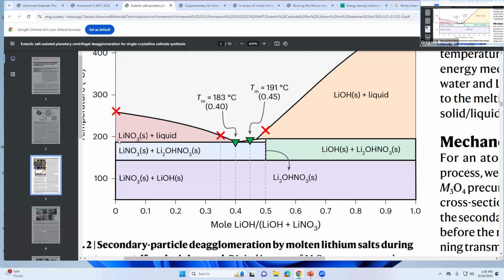So for 0.5 mole, if we decrease the temperature, it will go from lithium hydroxide solid plus liquid directly into the purple region. No, yeah, it depends what temperature. If you go to this temperature, you form 100% intermediate phase, intermetallic.